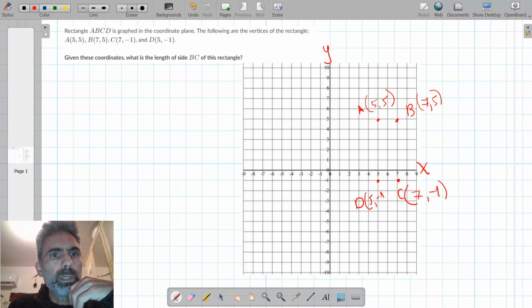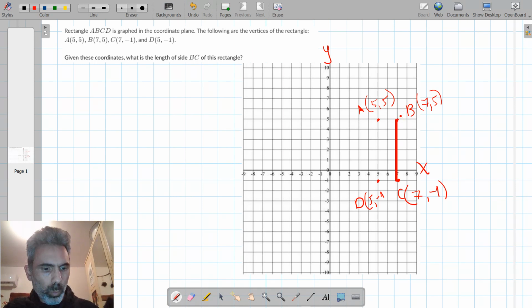Given these coordinates, what is the length of side BC? Let's see. Side BC, okay, the y coordinate of point B is 5, and the distance from 5 to 0 is 5, and we have another distance of one more to get to the bottom right corner.